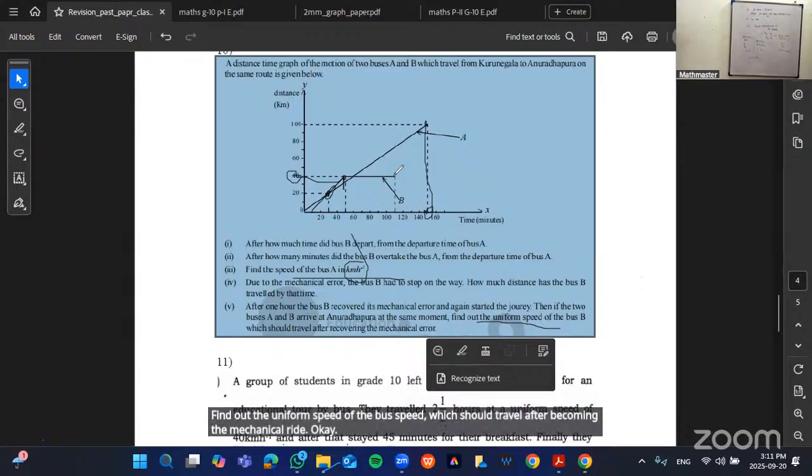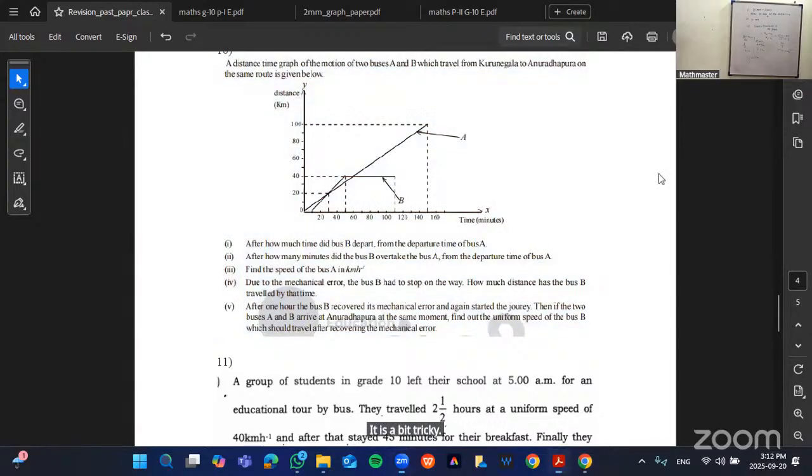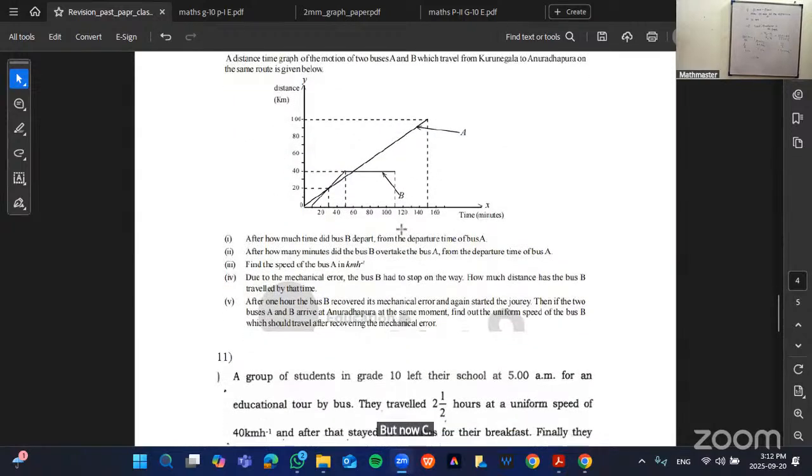Now here, the last part, you have to think something like this. It is a bit tricky. Right, now see. This is like after 1 hour, the bus B recovered from its mechanical error.